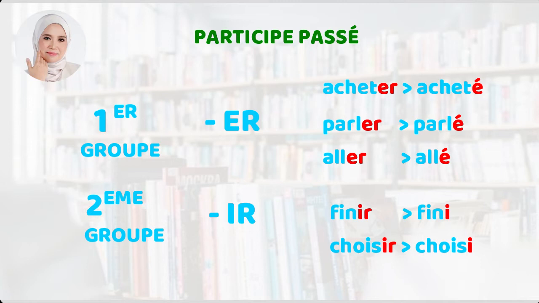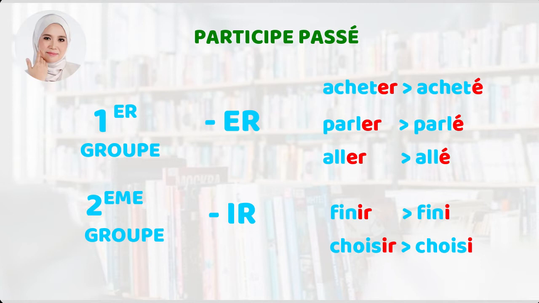Alright, now let's look at these groups and let's learn how these verbs are changed to past participle. For the past participle, for the first group ending with ER, just for ER, normally it will change to ending with accent aigu like this.